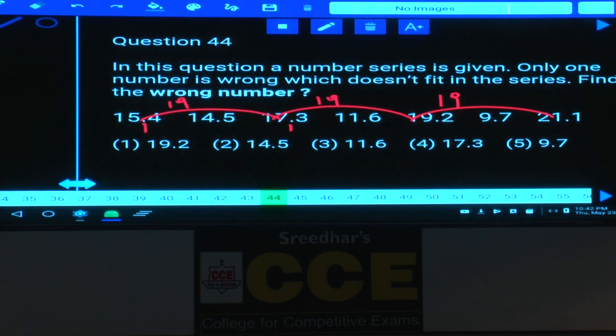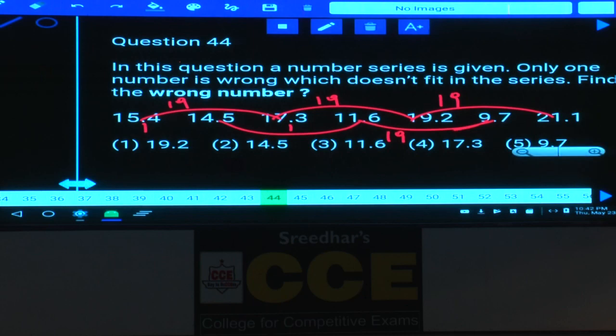Done with this? Then coming to the remaining numbers, 14.5, 11.6, 9.7. Now the numbers are in decreasing order. 9.7 and 11.6, what is the difference here? Again 19, 19 is subtracted. And now 97 plus 19, 116, 116 plus 19.